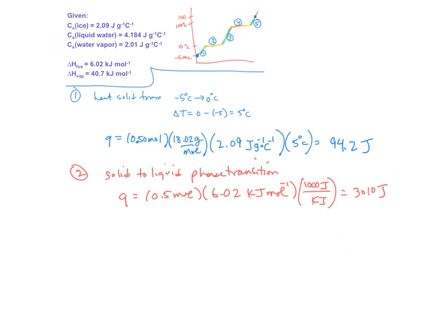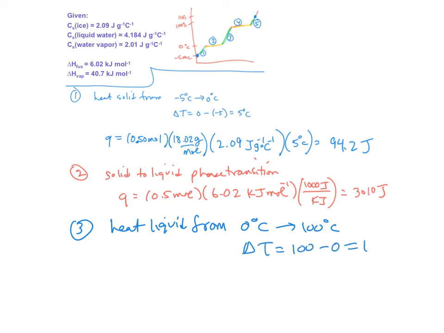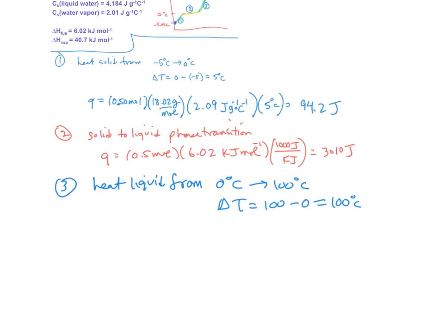The next step is to take the liquid. So we're going to heat the liquid from 0 degrees C to 100 degrees C. And then delta T here will be 100 minus 0, so it's going to be 100 degrees C. So this is similar to the calculation for part 1.